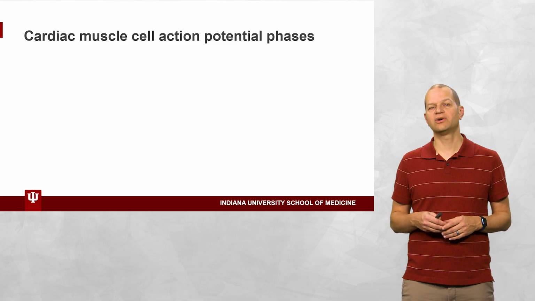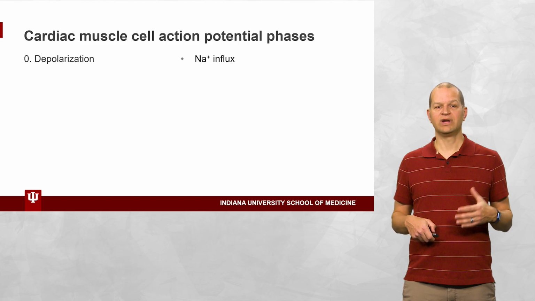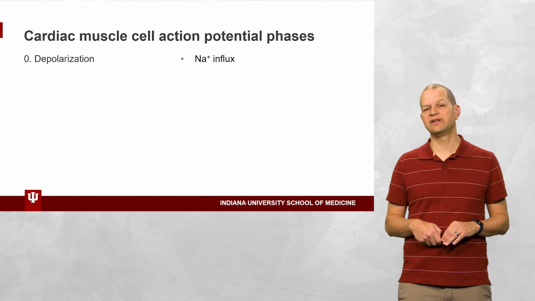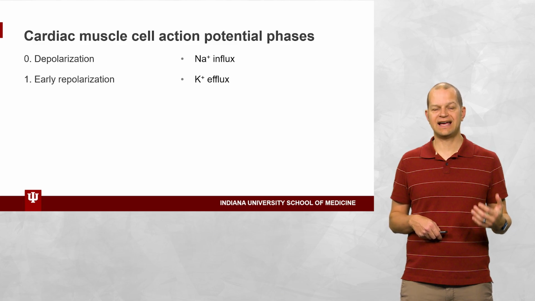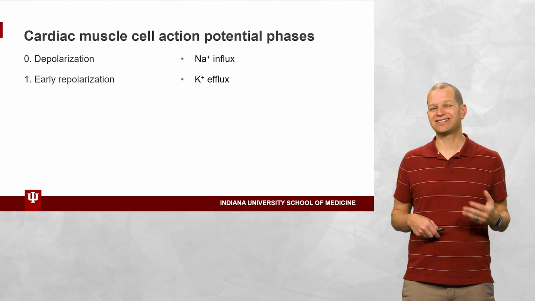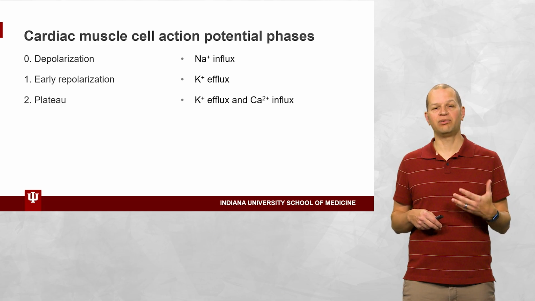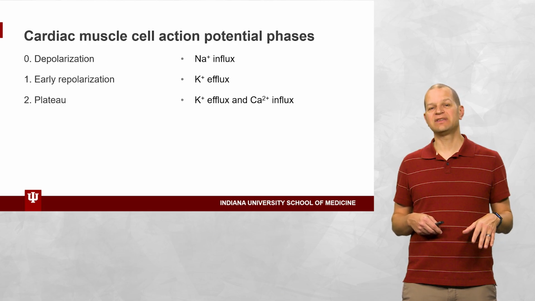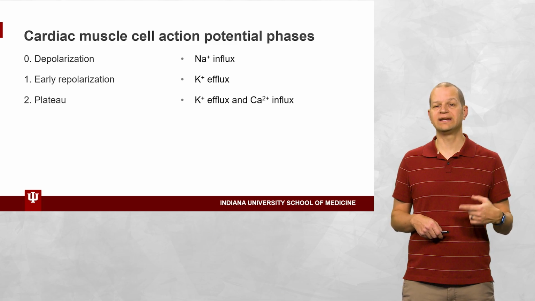So when it comes to a cardiac muscle cell, there are multiple action potential phases. We have depolarization, which is caused by sodium influx. Then we have what's called early repolarization caused by potassium efflux. And potassium is actually leaving the cell for quite a while. But in the middle of this, we have the plateau. That potassium efflux continues, but during the plateau, we also have calcium going into the cell.